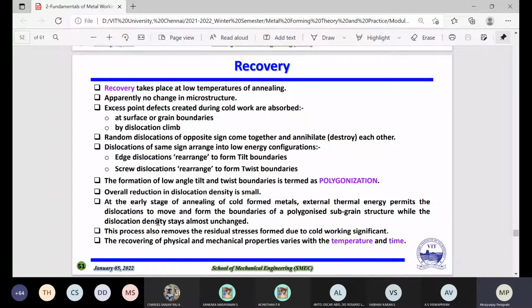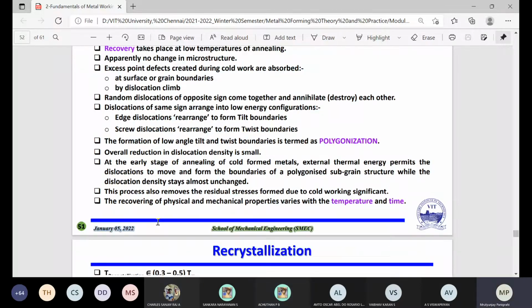But sometimes I will increase the heating rate, maybe 5 degrees C per minute instead of 2 degrees C per minute. That also will affect the heat treatment process. That's why time is also important when we are comparing with the temperature. So do not exclude the time, right? Is it okay? Yes, sir. Okay.